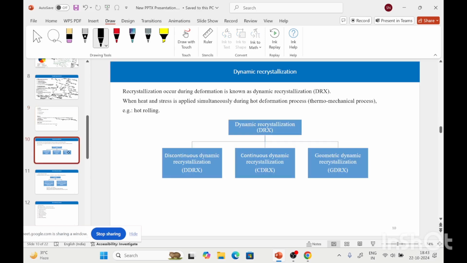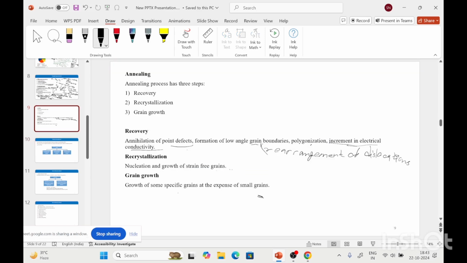So this is the annealing process and the three steps. So this recrystallization happens during the heat treatment process. But the recrystallization can also happen during the deformation process when temperature is also high.